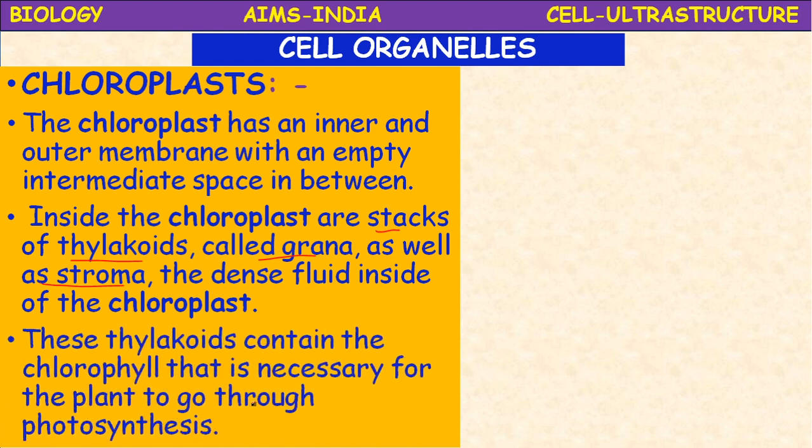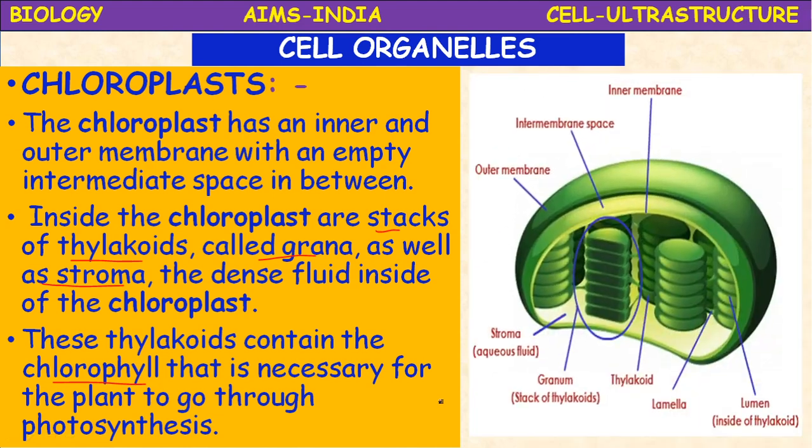These thylakoids are thick green in color, so they contain a pigment called chlorophyll. The green color pigment is present in the thylakoids or grana region. It is called chlorophyll, which is necessary for the plant to go through an important process, photosynthesis.